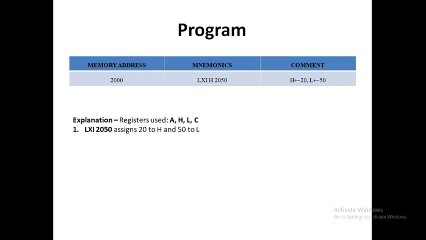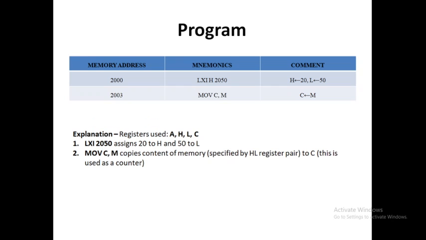In the program, the first line is at memory address 2000. The mnemonic is LXI H, 2050. LXI H means load the register pair HL immediately with the value 2050, that is H gets 20 and L gets 50. The next line: the content of memory location M, addressed by HL, has to be moved to the C register.